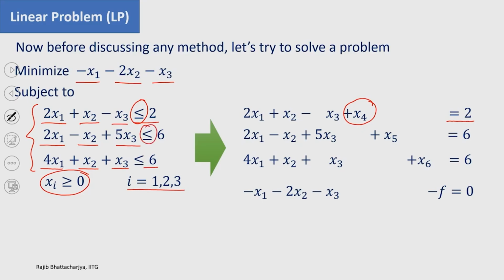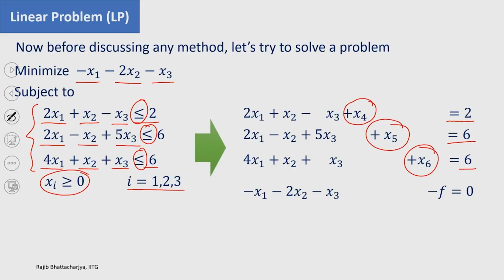Similarly, the second one is also a less than or equal to type constraint, so I am adding another slack variable, x 5, to make it equal, and the third one is also less than or equal to type, so I am adding x 6, another slack variable to make it an equality type constraint.